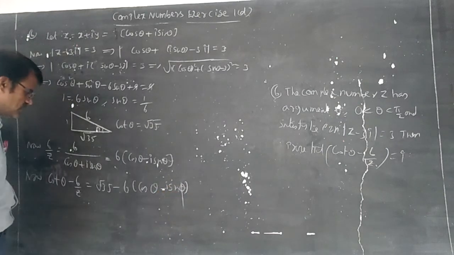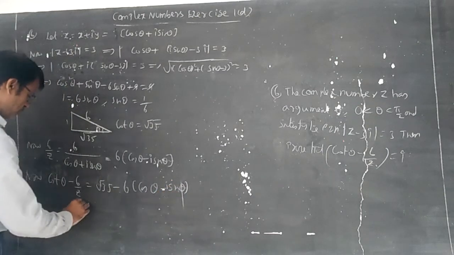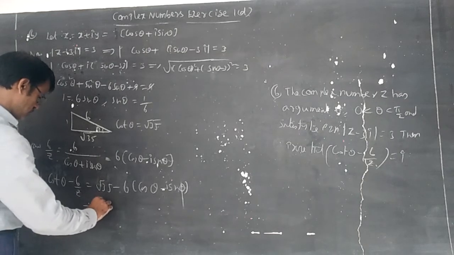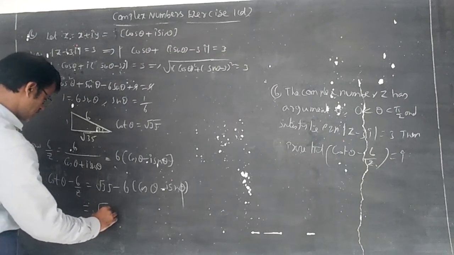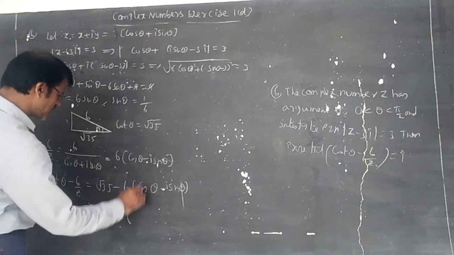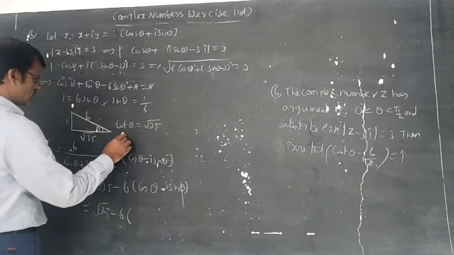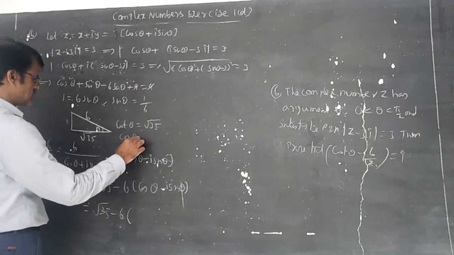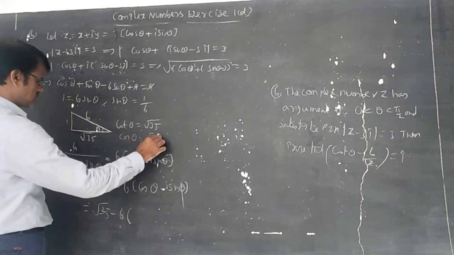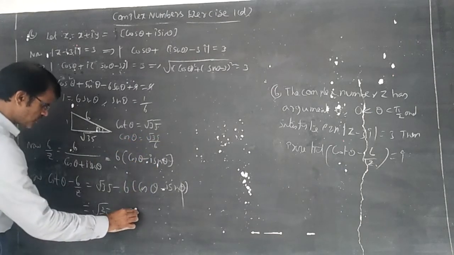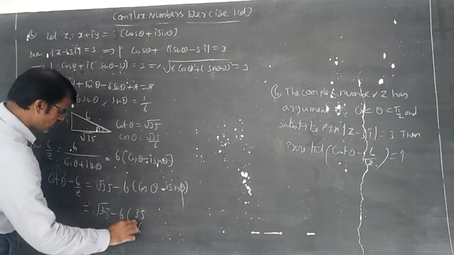Okay, let us calculate, friends. Root 35 into that is equal to, let us write here minus 6 into, write the values. What is the cos theta value? Here cos theta you can understand root 35 by 6. Substitute here root 35 by 6.